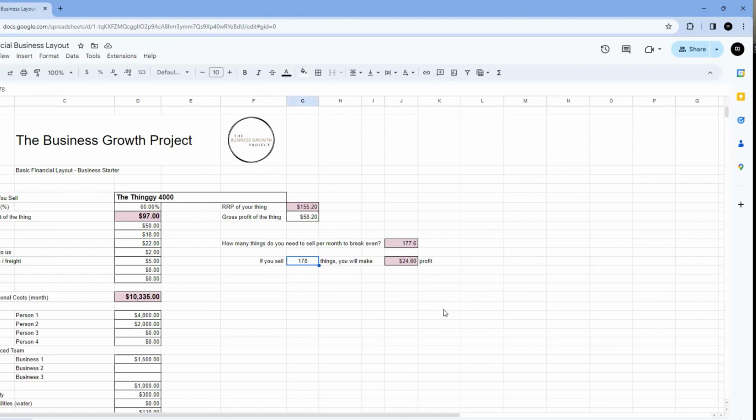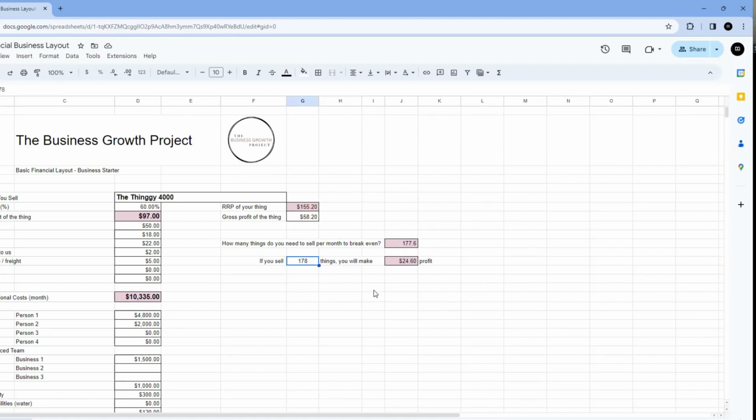So this is the profit in the business. This is what is going to allow you to expand the business, increase your marketing, increase your paid advertising, all of that kind of thing. So $24 is woeful, and that's not where we should be aiming. So let's change this number down here and see what we think we could do.